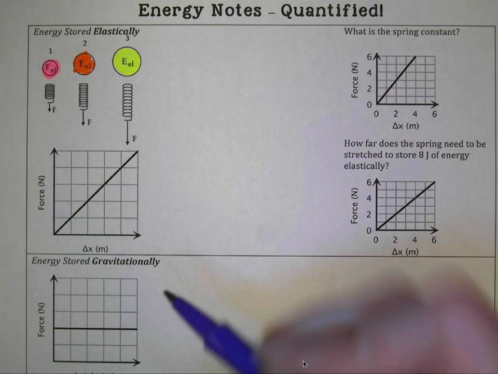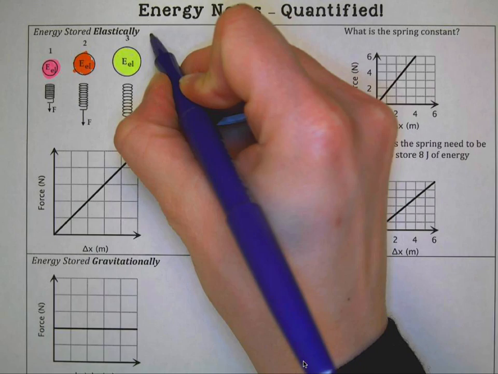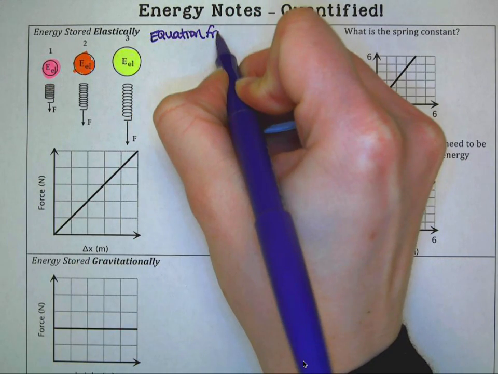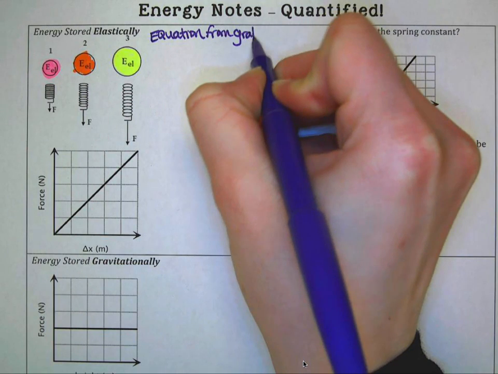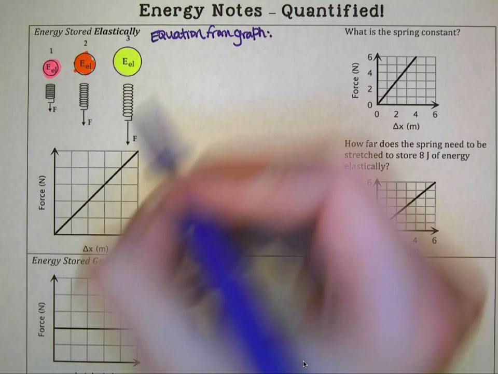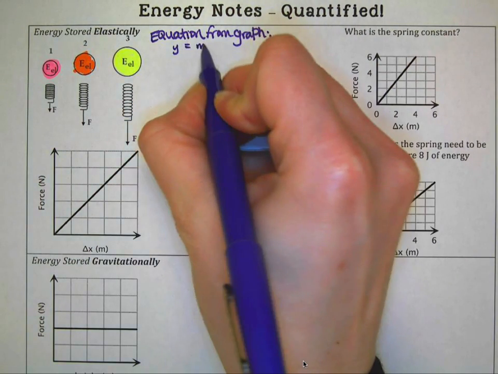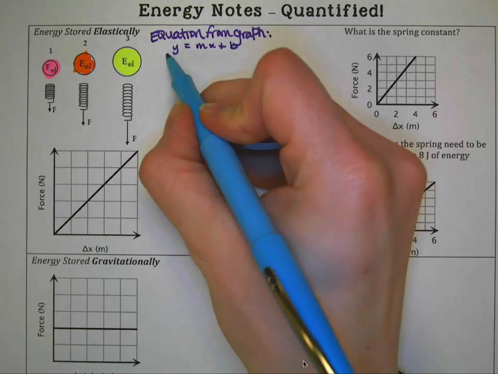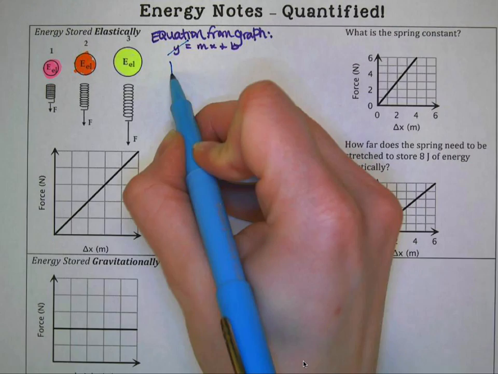But another thing we do from our graphs is we write our equation. So our equation from the graph, again, y equals mx plus b is our format. Instead of y here, we have force.